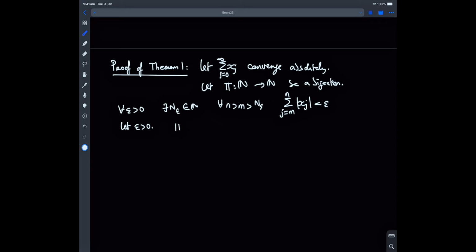So what can I say? I can say that the inverse image by the bijection pi of the finite set 1 to N epsilon, well, it is a finite set itself with N epsilon elements, and I'm just going to call them a1, a2, until a N epsilon. Now, this is a finite set. It has a maximum, which I will denote M epsilon.